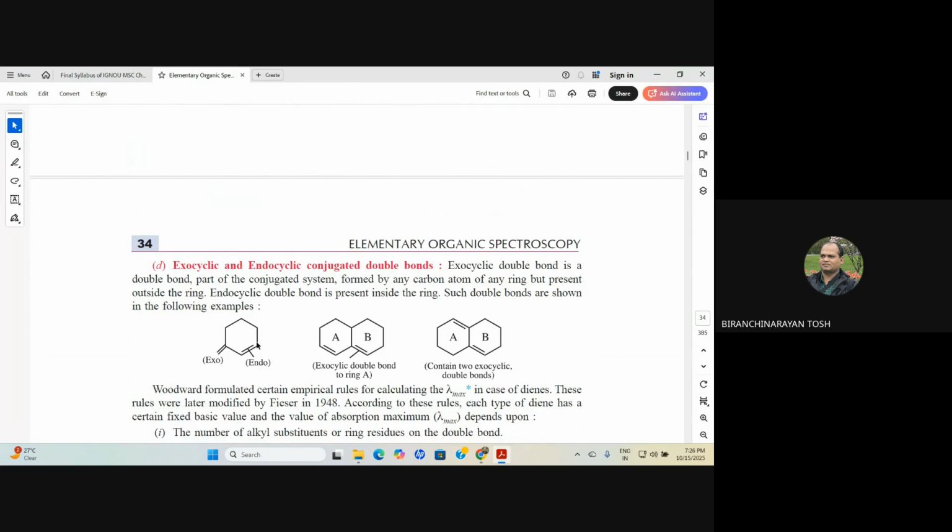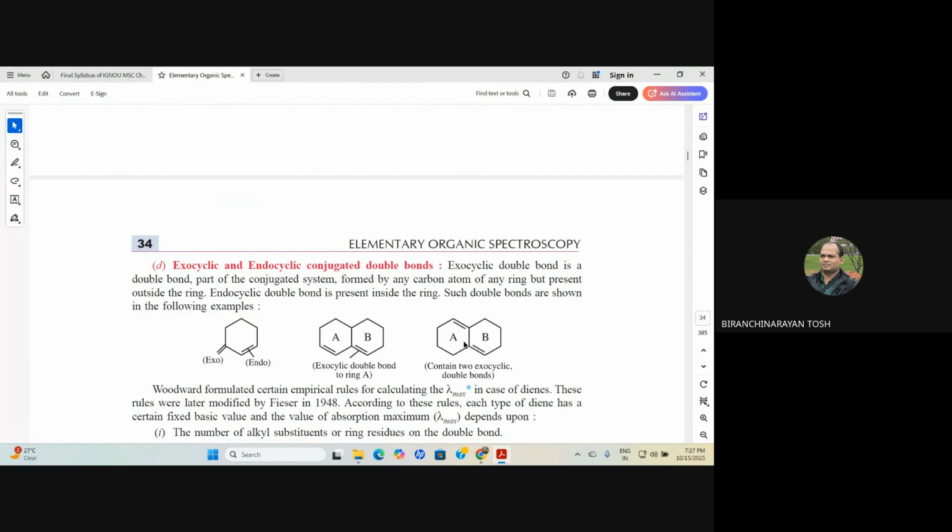So this is inside, so it is endo, this is exo. If you consider two rings, you can see it is an exocyclic double bond to ring A. If you consider ring A, one cyclic, and this is the exo. Similarly, if it is this one, this is exocyclic. This is not exocyclic because it should be attached to the ring.